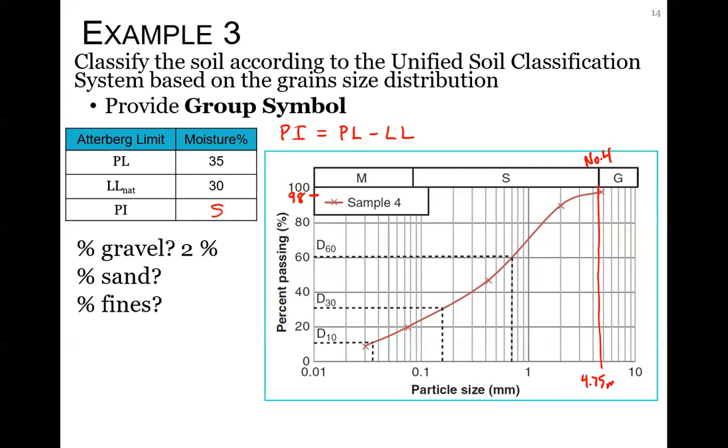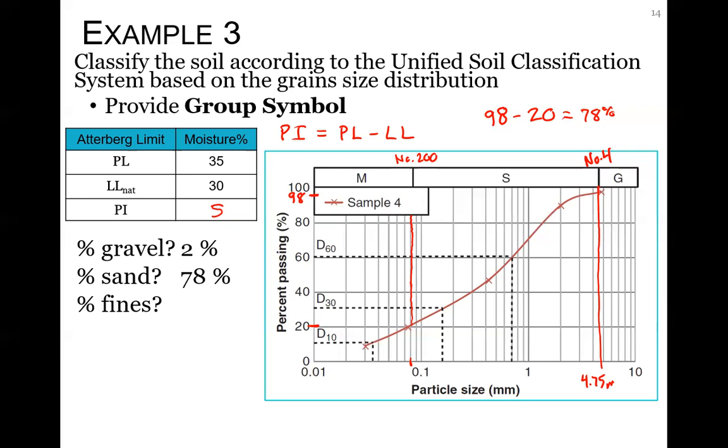For sands, we actually have to do some math by looking at where the fines are. This is our fines here, which is our number 200 sieve. We would read where that intersects. So we have 98 minus 20, that is 78%, which is our percentage sands.